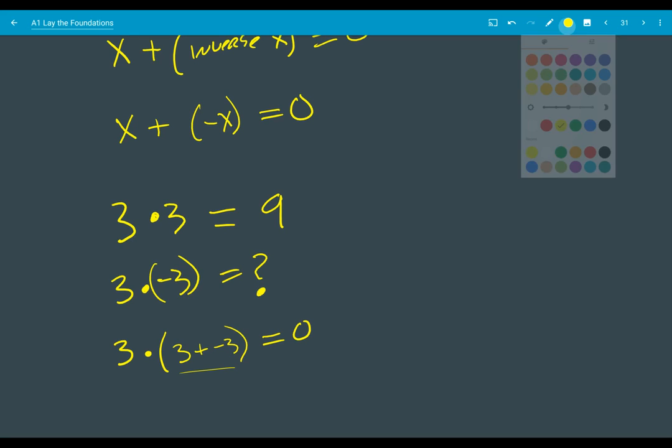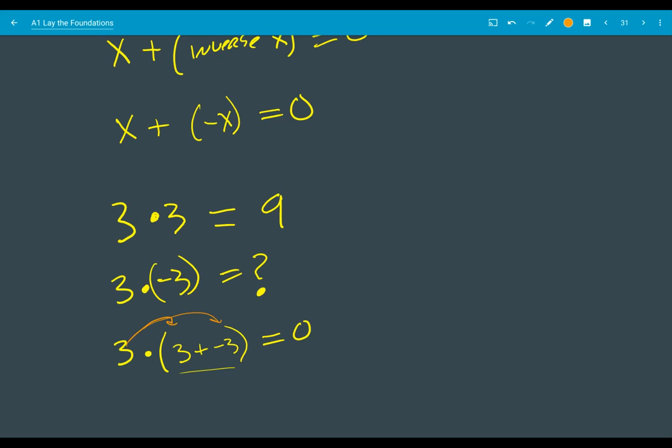Well, we can now use the distributive property and distribute these. So we have 3 times 3 plus 3 times negative 3.